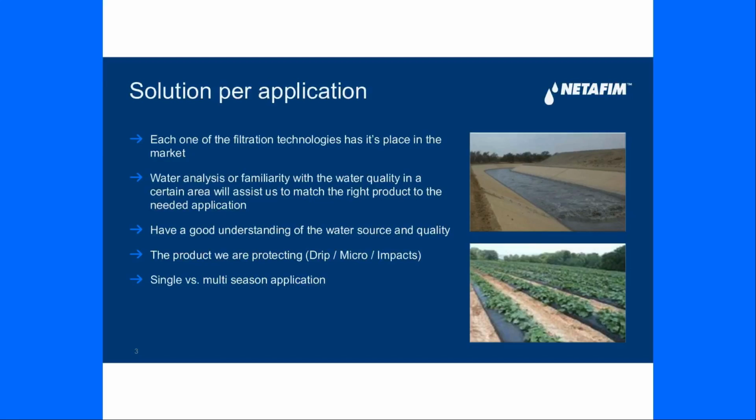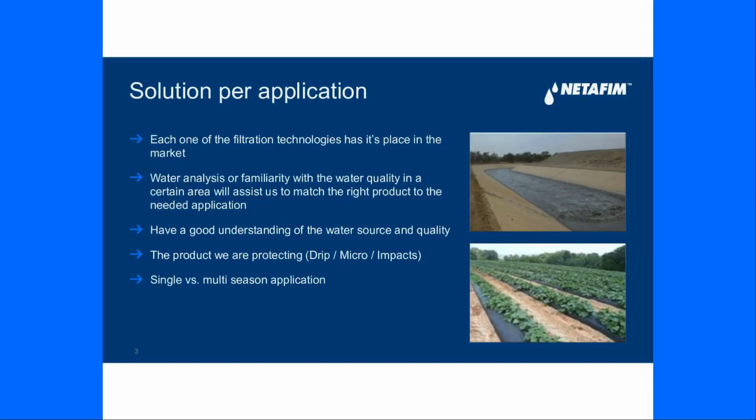In addition to that, it's also just as important to understand what we are protecting with that filter. In other words, is it a drip system? Is it with low flow drippers? Is it a micro system where it's micro sprinklers where the orifices are much bigger? Is it even an impact sprinkler system for frost protection? So that's also very important to understand what we're protecting.